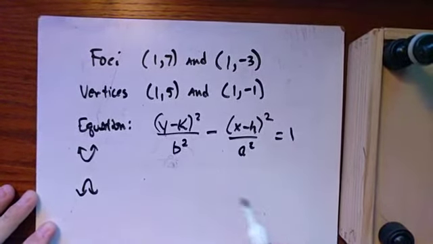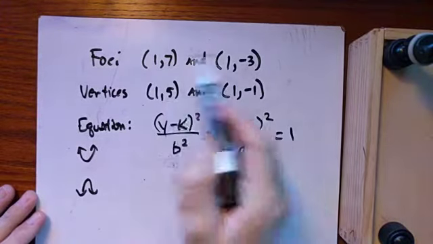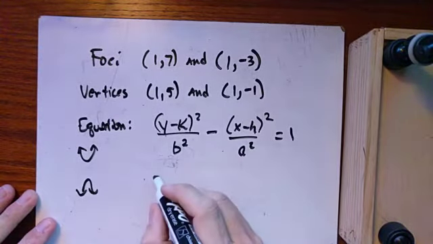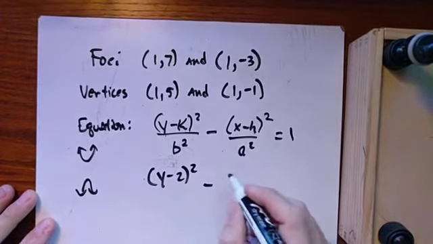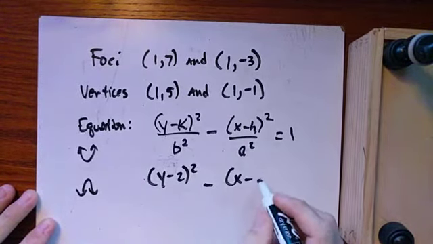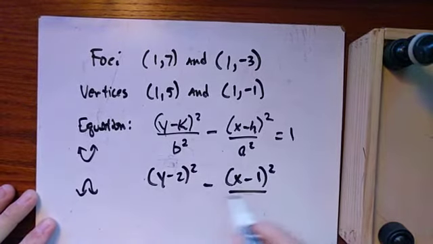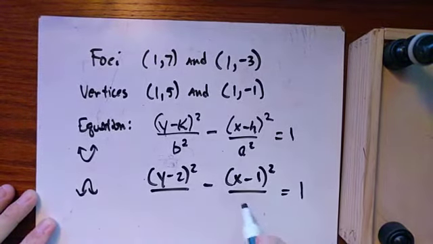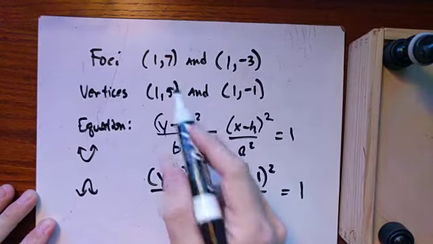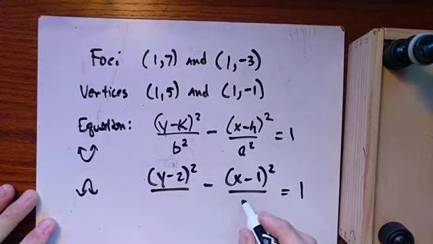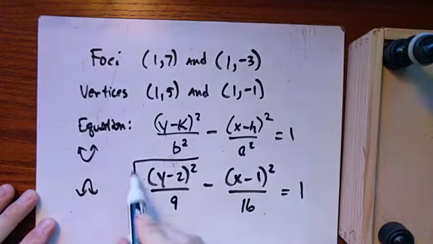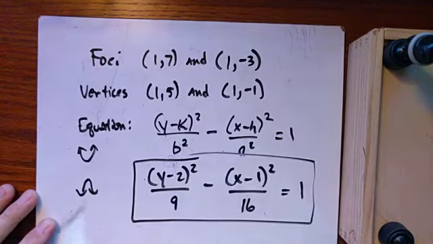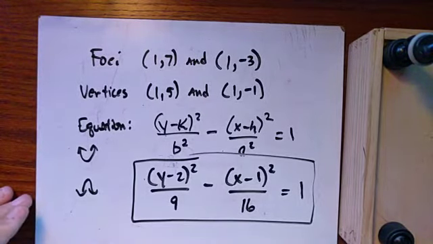And we know our h and k from the graphing part. So remember k was 2, right? And h was 1. And a squared, due to our work with the Pythagorean theorem, was 16, and b squared was 9, and we're done. This is the equation of the hyperbola.